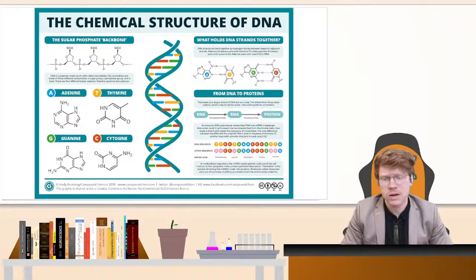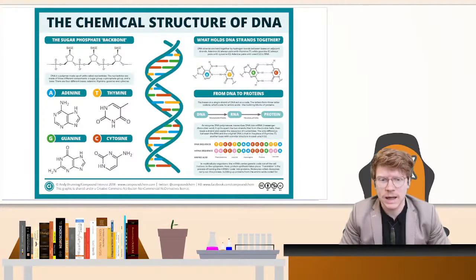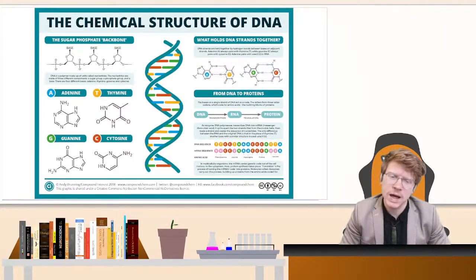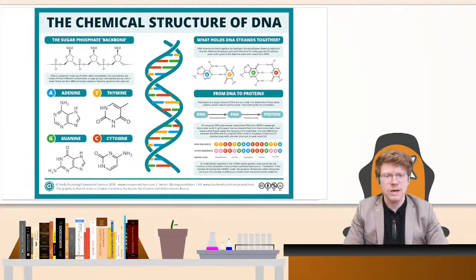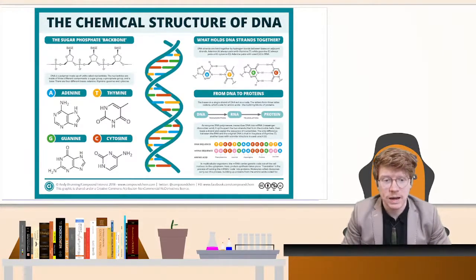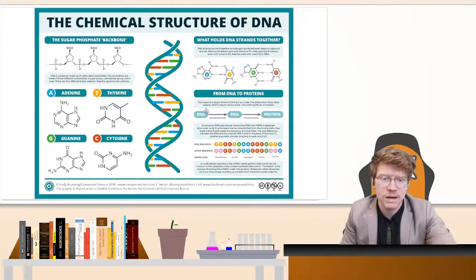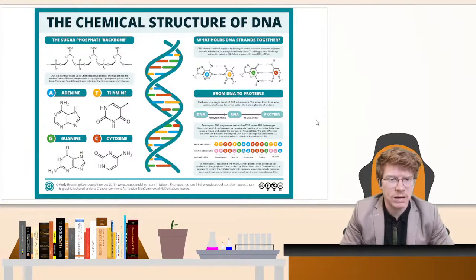And we call a section of DNA that codes for something a gene. And we'll come to that in a second. But the gist of understanding DNA is that once you know its structure and you know that it can be read in terms of the order of A's, T's, C's, and G's, you know that there will be some mechanism where that DNA can be turned into a protein, which is a little molecular machine that can do a job.